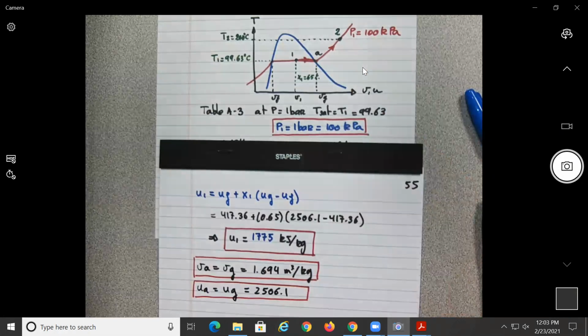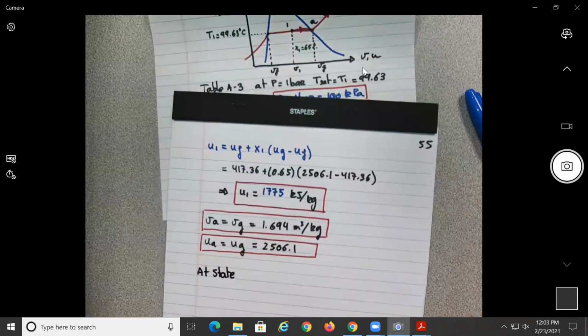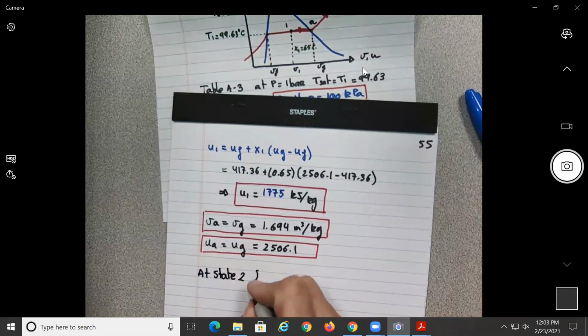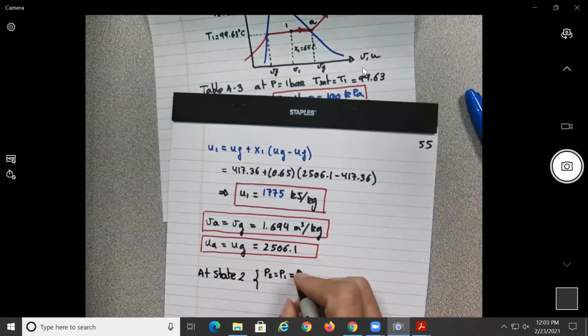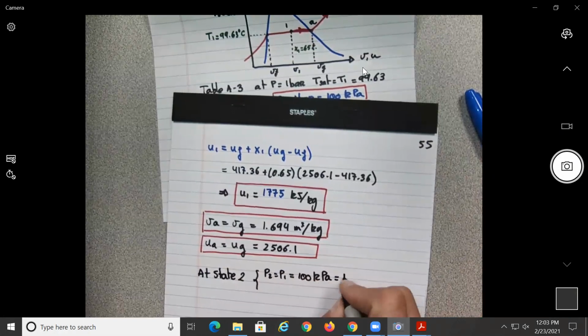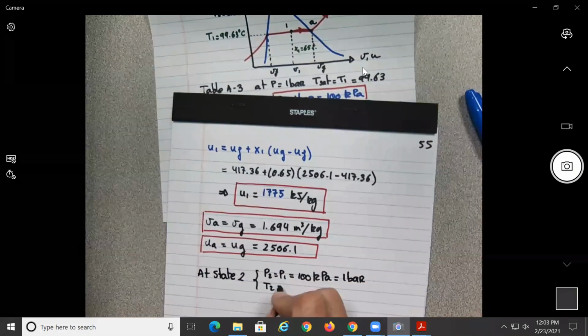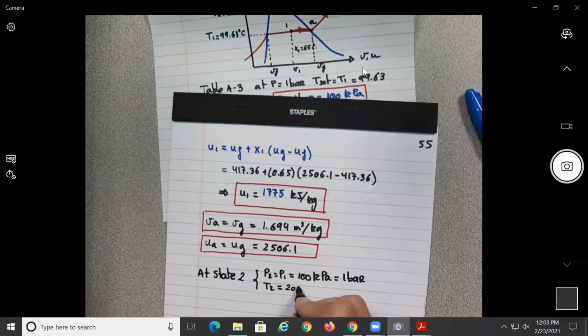So at state 2, we know the pressure, so P2 equal to P1 equal to 100 kilopascals, which is 1 bar. I don't know what the tables will give you. And we know that T2 is 200 degrees Celsius.